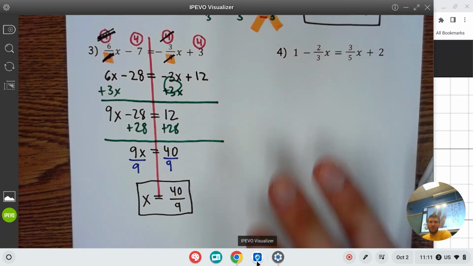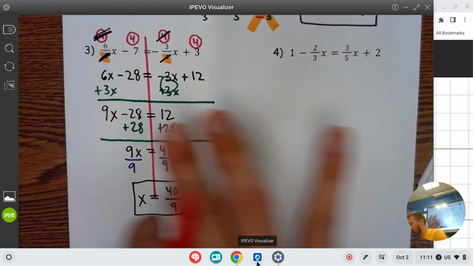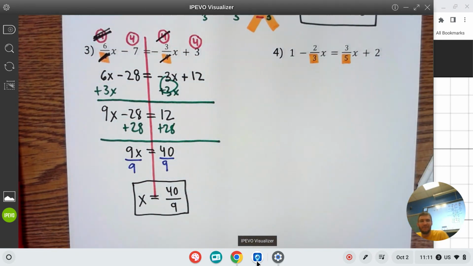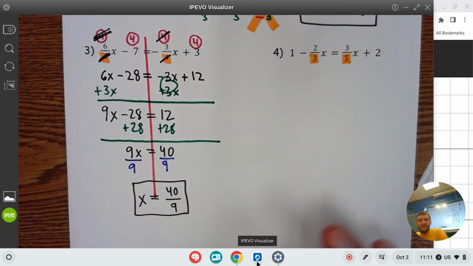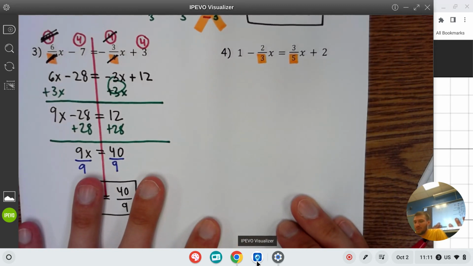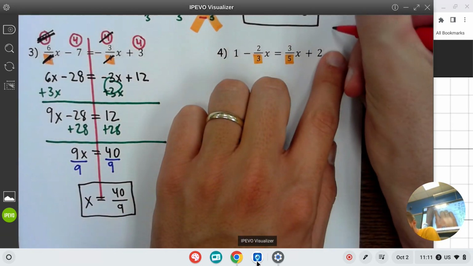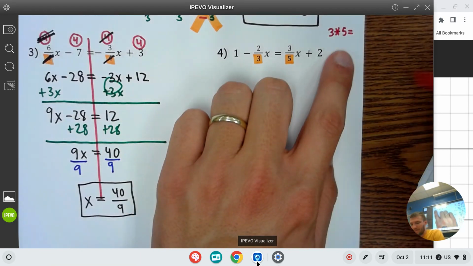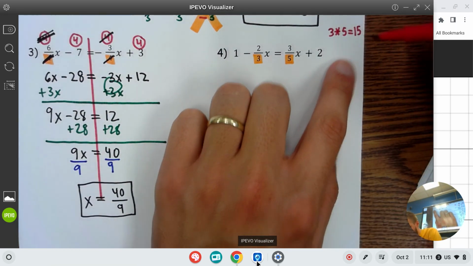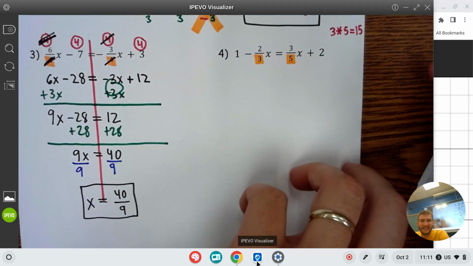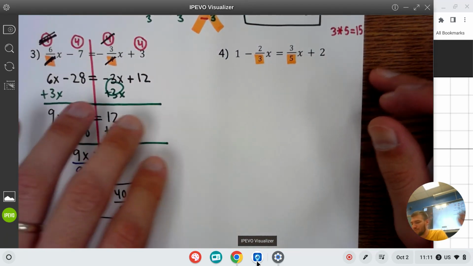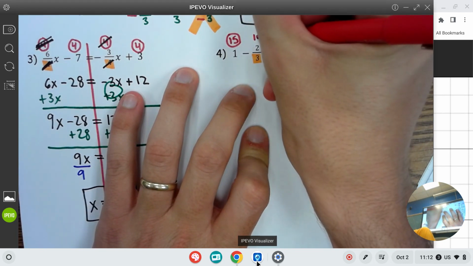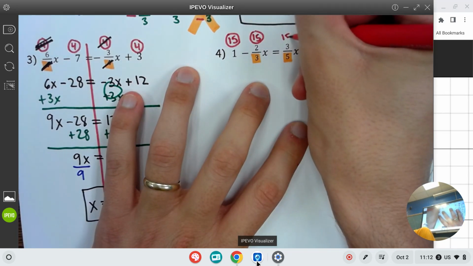Last question here, we're going quickly. I see that we have 2 different denominators, 2 different bottoms. We have a 3, we have a 5. What are we going to do with the 3 and the 5? Multiply them. 3 times 5 equals 15. And so we're going to use 15 as our super soldier to come in, times 15, times 15, times 15.